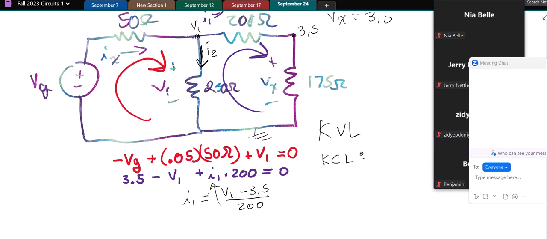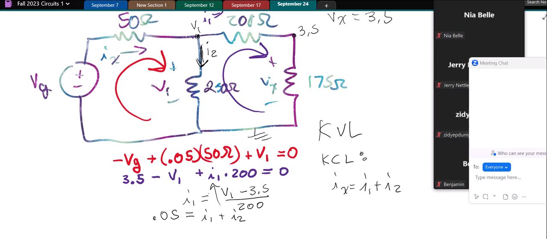My KCL tells me that IX equals I1 plus I2. I know IX, so that's 0.05 equals I1 plus I2.